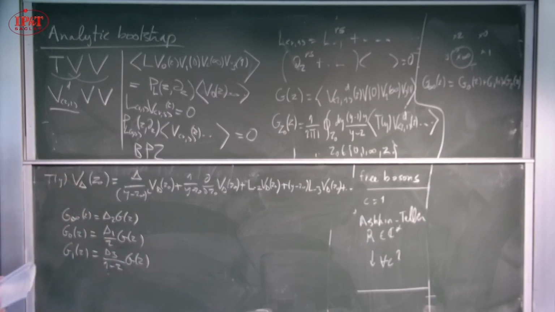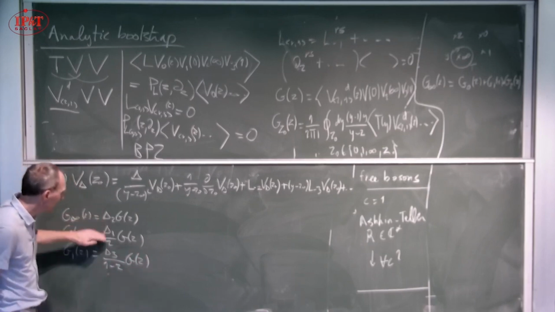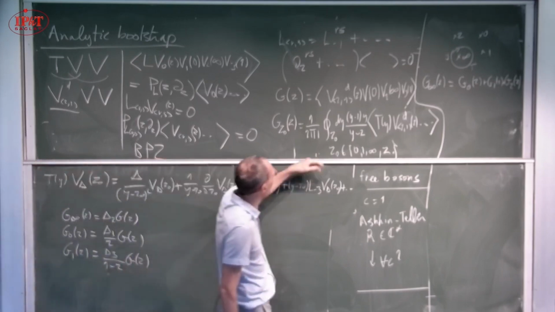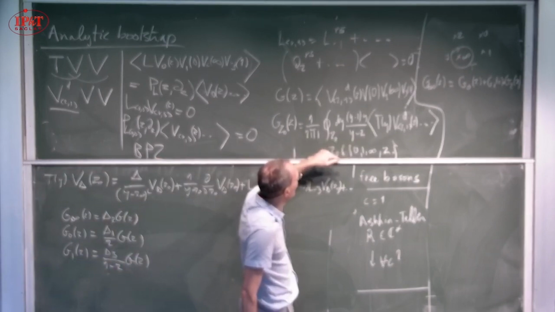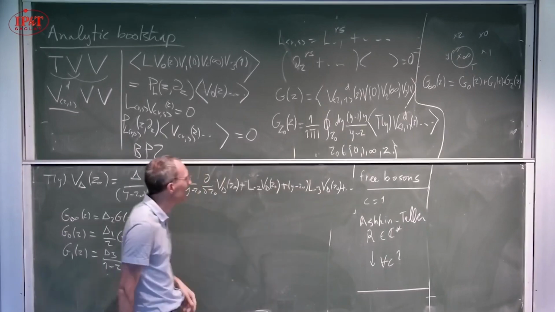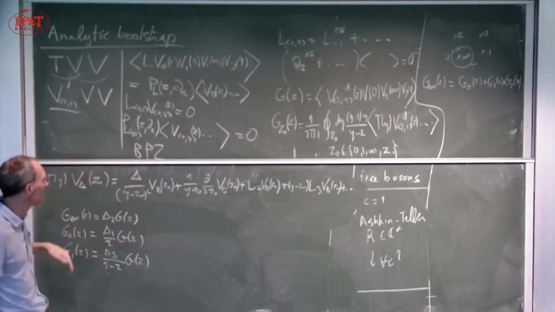Okay, so the price to pay to get these simple results is that at Z itself, if Z0 equals Z, the situation becomes more complicated because I have added an extra singularity here, an extra 1 over y minus z.